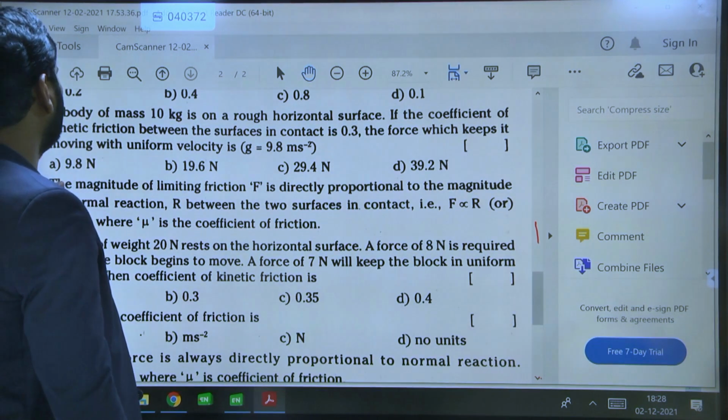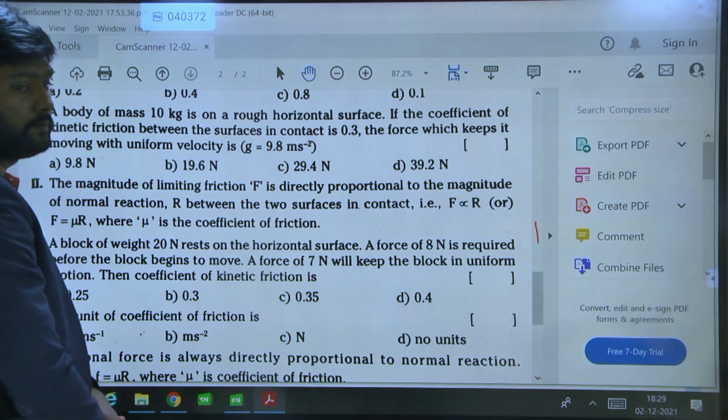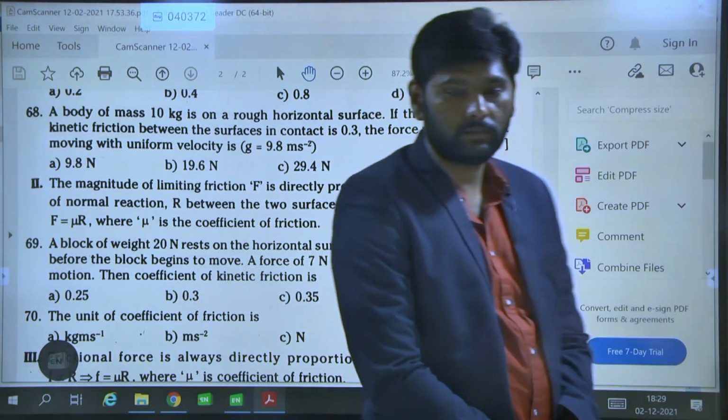Next, 68. The body of mass 10 kg is on a rough horizontal surface.